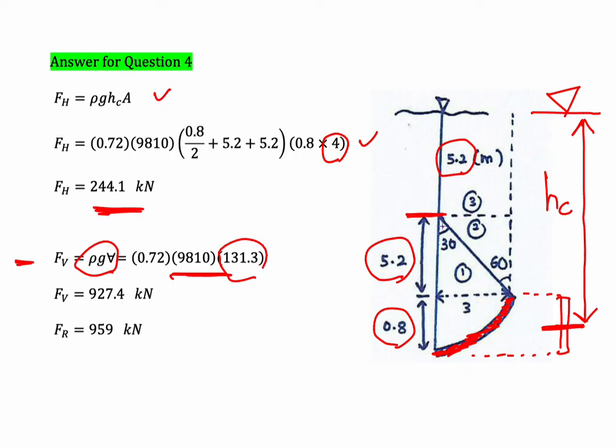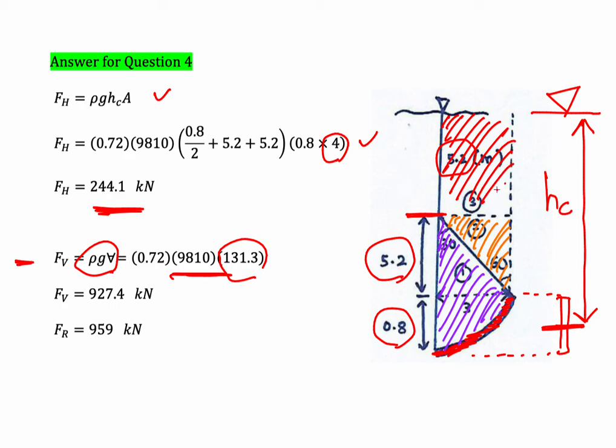You could calculate the area of the sector of the circle here, and then add the triangular area here, and then add the rectangular area here. The total is 131.3, and then the vertical force is 927.4, and the resultant force is 959 kilonewton.